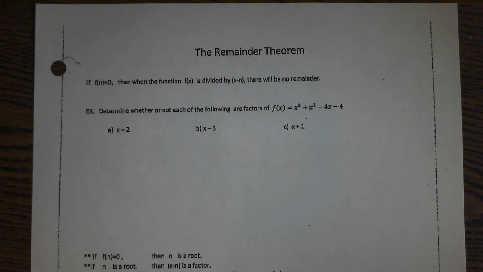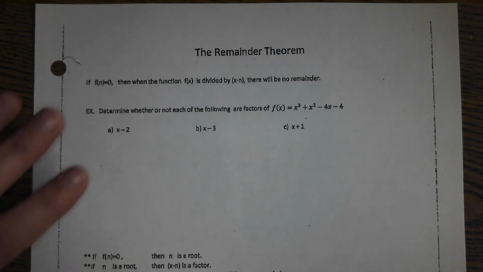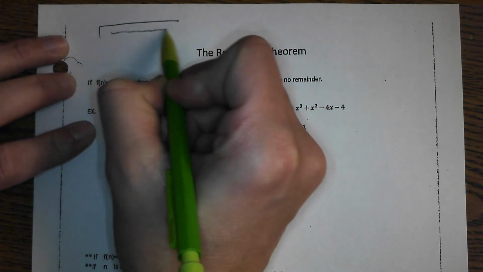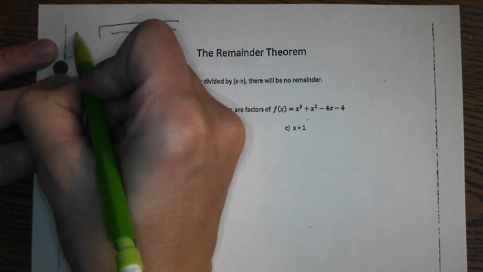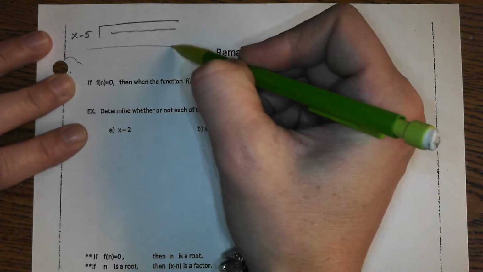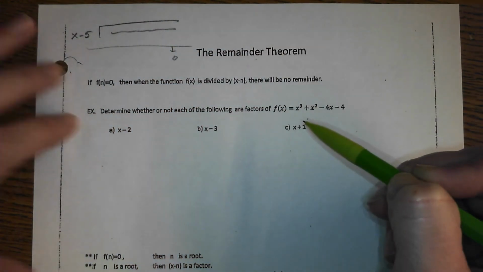Discover on our own, but some mathematician somewhere discovered something pretty neat about long division. Essentially what you already know is that if you have a polynomial and you divide out x minus 5, let's say, and you get a remainder of 0, what does that tell you?